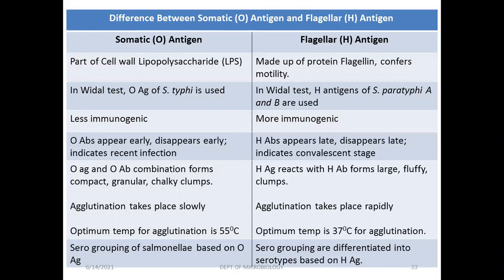H antigen and antibody form large fluffy clumps. This agglutination is very rapid, and the temperature required is 37 degrees Celsius. Serogrouping of Salmonella is based on O antigen, and serogroups are further differentiated into serotypes based on H antigen.